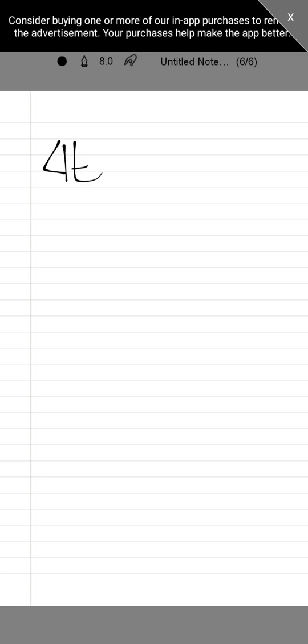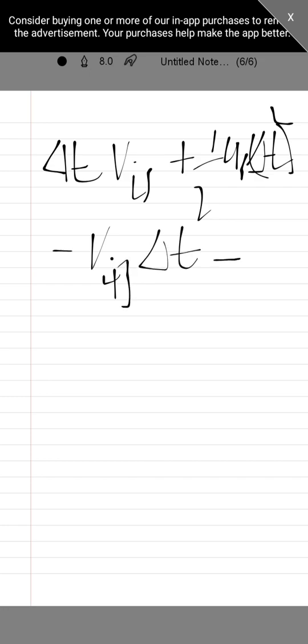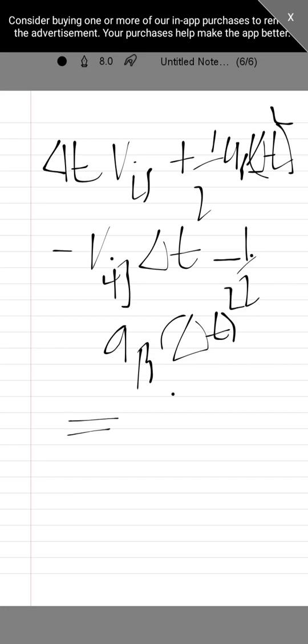Change in time times V_IS plus half A_S change in time squared, minus V_IB change in time, minus, because we've taken it to the other side, half A_B change in time squared, equal to 0.